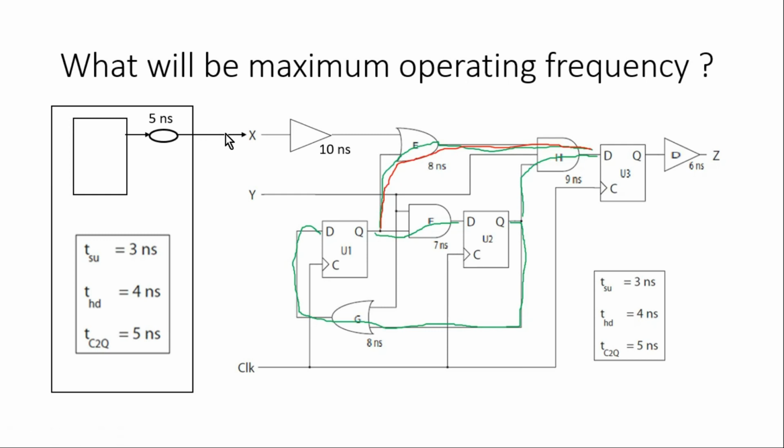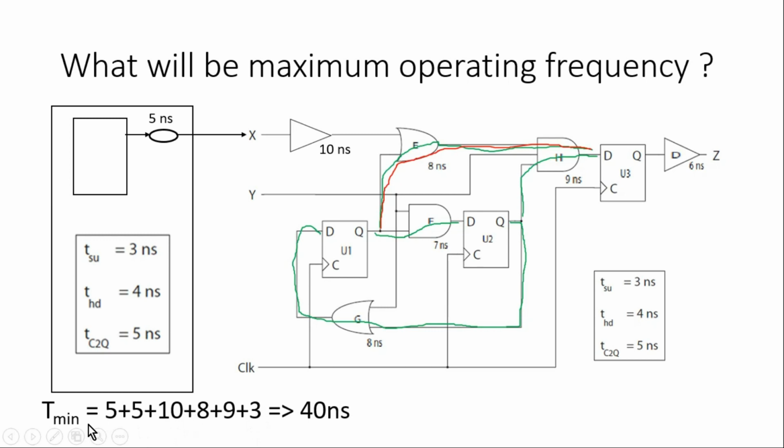And now let us calculate the T minimum. T minimum will be equal to TCQ of this flop 5 nanosecond and the combination logic delay which is 5 nanosecond. This delay 10 nanosecond and the delay of this OR gate which is 8 nanosecond, delay of this AND gate which is 9 nanosecond and the setup time of this flip-flop which is 3 nanosecond.